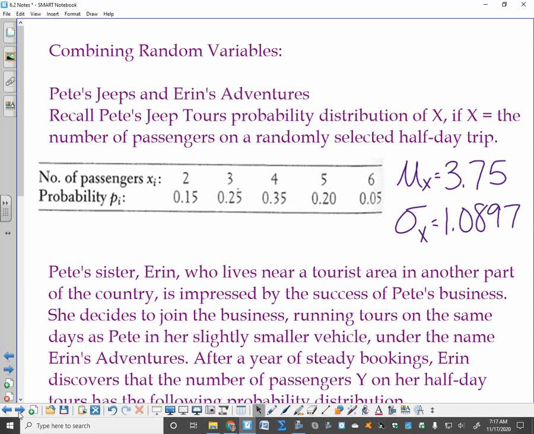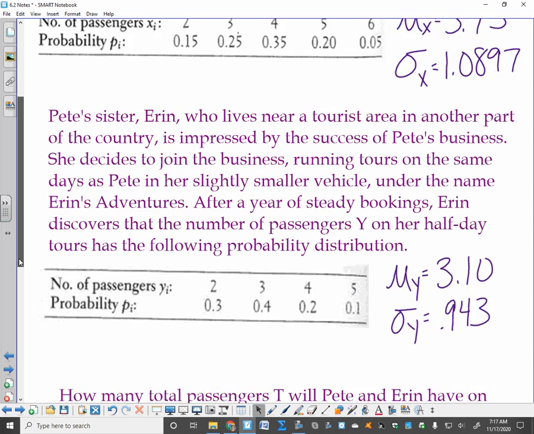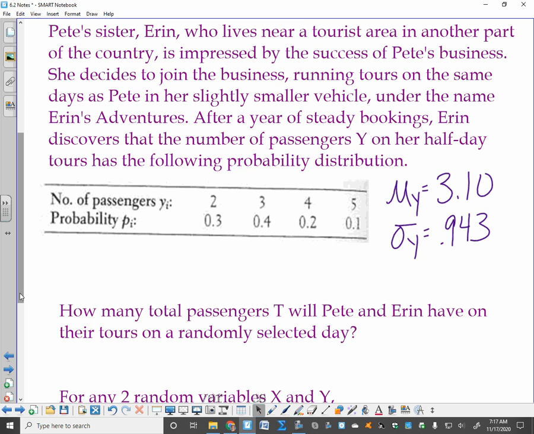Now, Pete's sister Erin, who lives near a tourist area in another part of the country, is impressed by the success of Pete's business. She decides to join the business, running tours on the same days as Pete's in her slightly smaller vehicle under the name Aaron's Adventures.